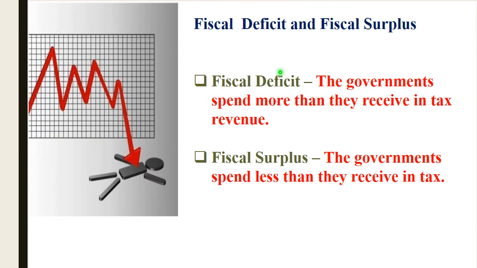Children, now we will learn the difference between fiscal deficit and fiscal surplus. How can a fiscal deficit occur in an economy? A government creates a fiscal deficit by spending more money than it takes in from taxes and other revenues, excluding debt.